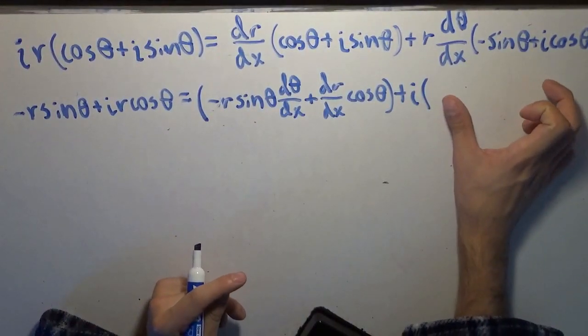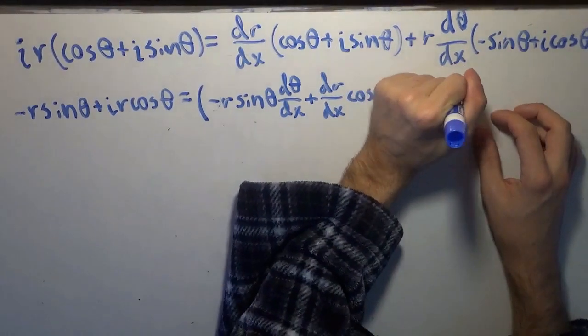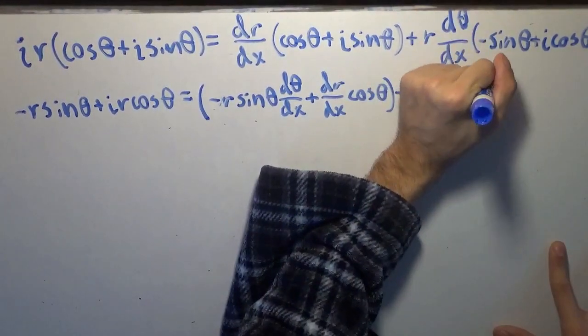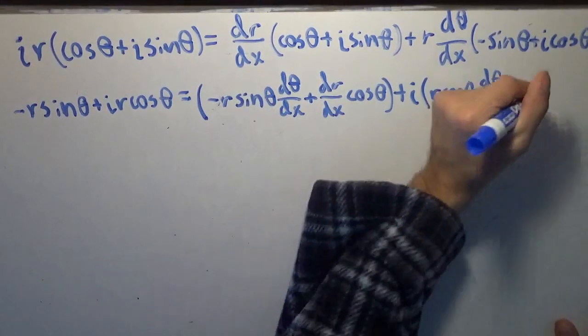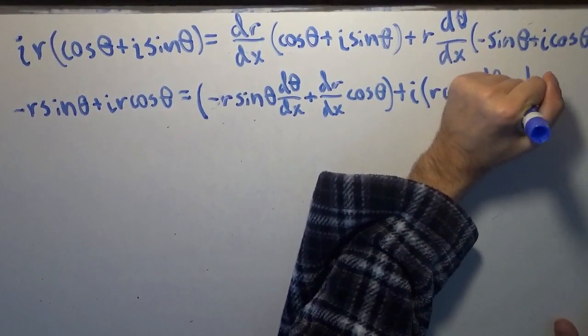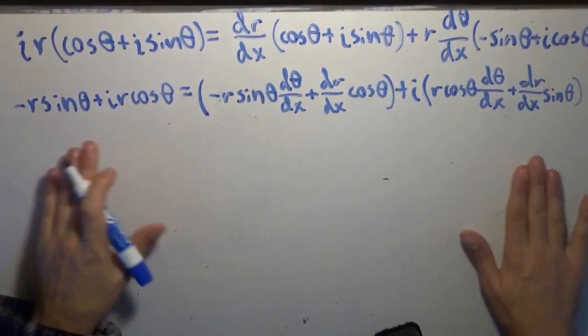We're going to get r d theta/dx cosine theta, so r cosine theta d theta/dx, plus sine theta times dr/dx. So I'll write it as dr/dx sine of theta. Okay, and that's all. I managed to fit it all.